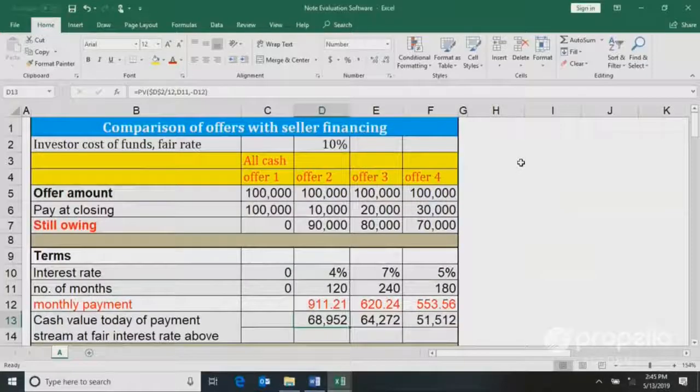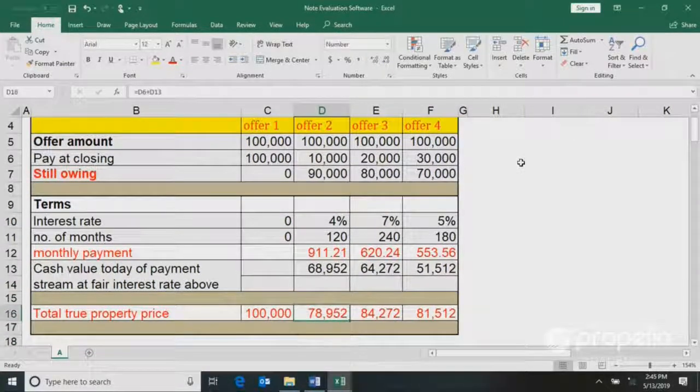At a 4%, 120 months, at a 911.21 payment amount, cash value of that note is $68,952. Now, if I scroll down a little bit more, if you created a note under those terms, your overall return, or your overall cash in hand at the end of the day, is $78,952.